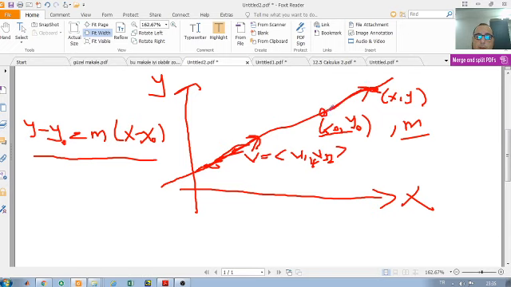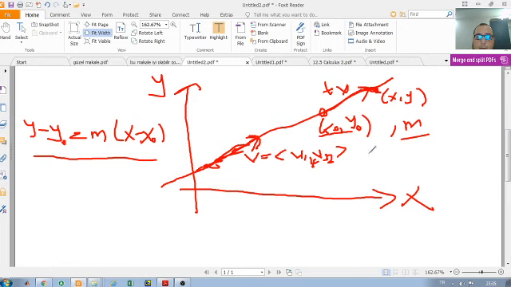So the initial point is x0, y0 and the terminal point is the general point of the line, x, y. You see two vectors, v and this one, are in the same direction, which means they are parallel, but the lengths can be different. Actually, we can say the vector written here is a multiple of the vector v, given by t times v, since they are in the same direction.